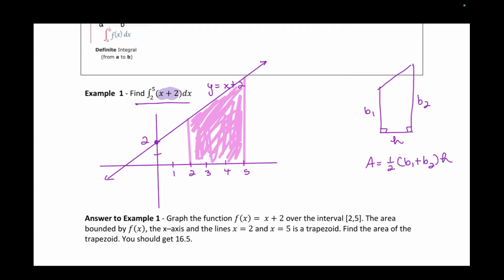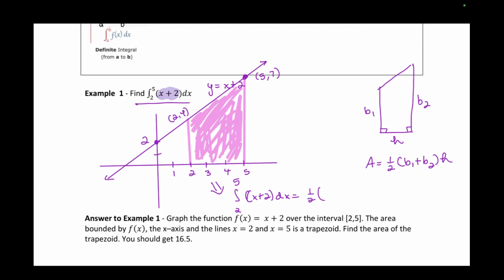So in our particular case, the integral from 2 to 5 of x plus 2 dx will be 1/2. Well, how do I get the bases? Well, this length is whatever the y value is when I plug 2 into my function x plus 2. So this would be the point (2, 4), and this would be the point (5, 7) by plugging into x plus 2.